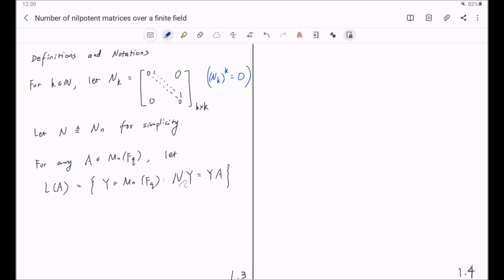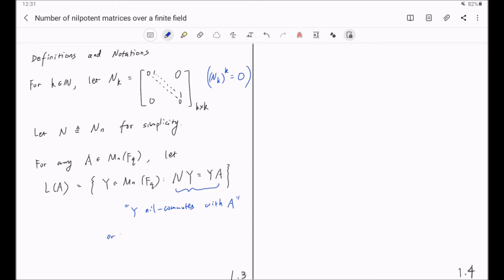And sometimes we'll informally call this condition that y nil commutes with A, because this equation tells you if we multiply y on the right hand side by A, you will get back y with N multiplied on the left, and this N is the standard nilpotent matrix.